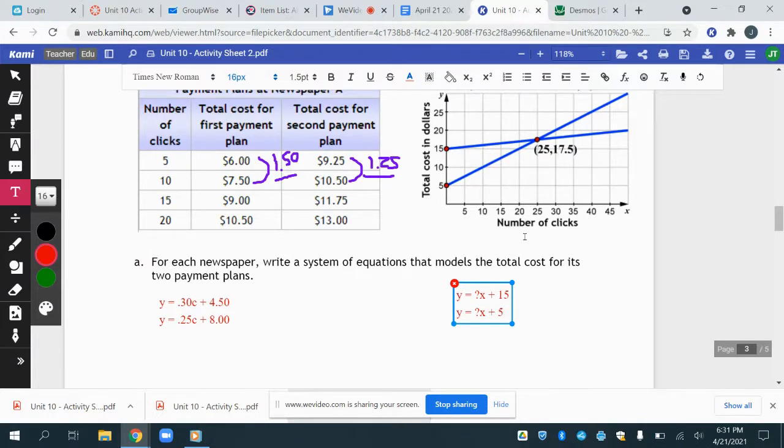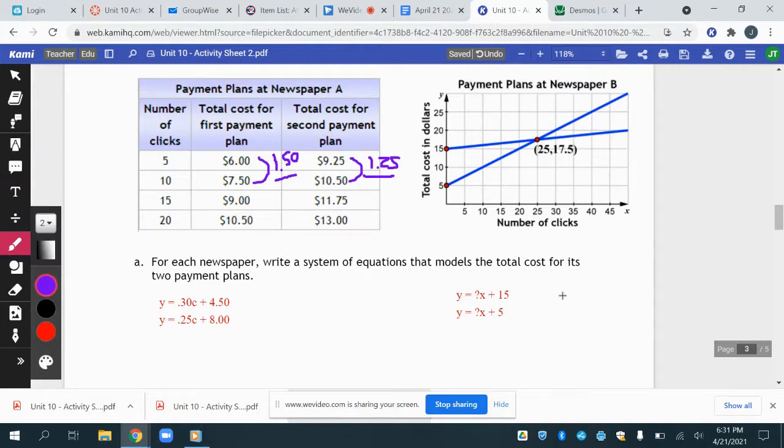Now we just have to figure out how fast they're growing. Now this one goes, after 25 clicks, it goes up to 17 and a half, right? 25 clicks goes up to 17 and a half. That's 25 clicks, that's the distance this far. And then it goes up from 5 up to 17 and a half. That's 12.5.